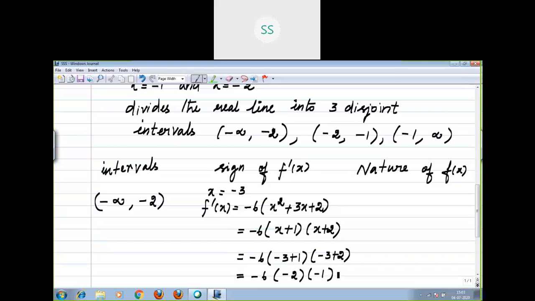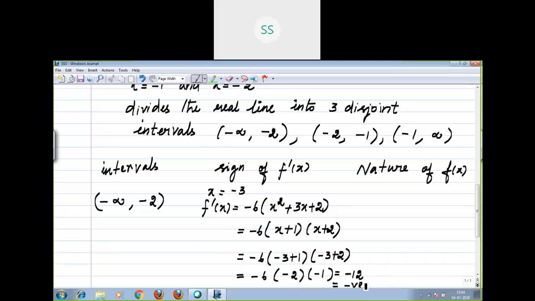Minus 6 into minus 2, 12. 12 into minus 1, minus 12. That means what is your f dash of x? Negative. F dash of x is negative, right?